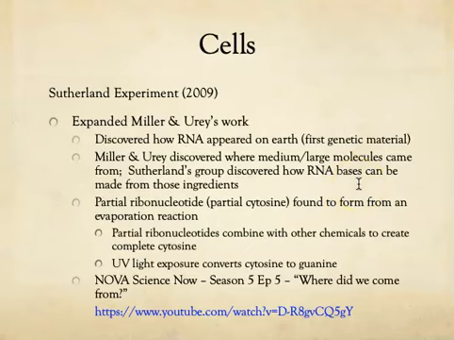Basically, what they did was they set up a fairly similar apparatus to Miller and Urey's, but they added in what we believe are these partial components that you would need to build RNA. So basically, they put in partial ribonucleotides, particularly partial cytosine. So pieces of what could come together and become cytosine or C in RNA.